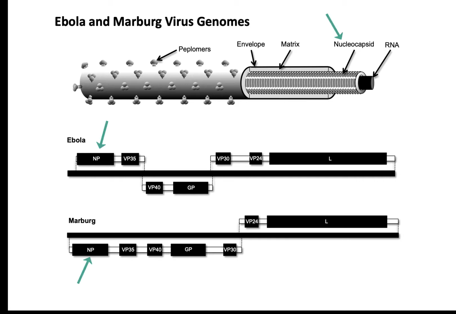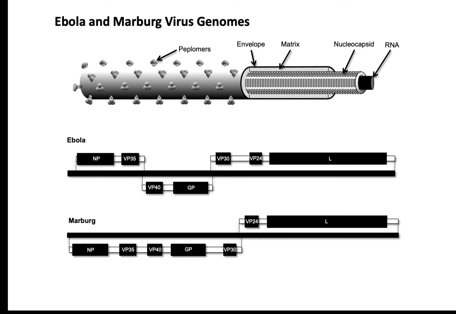So you can see there's a nucleoprotein and several other viral proteins, VP35, VP40. The GP is a glycoprotein, that's the peplomers on the outside, and then the L there is the RNA-dependent RNA polymerase, the RDRP, that's used by the virus to make new copies of itself.